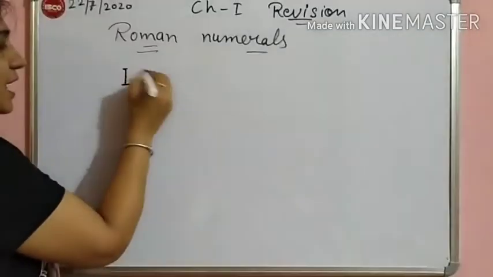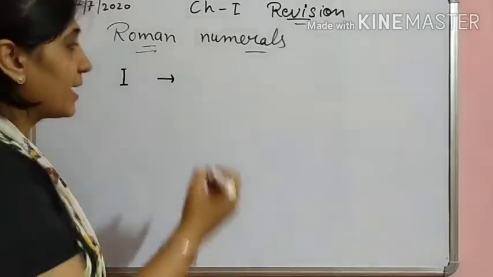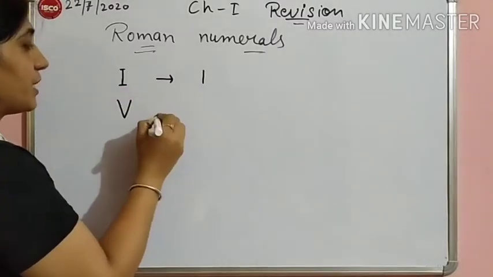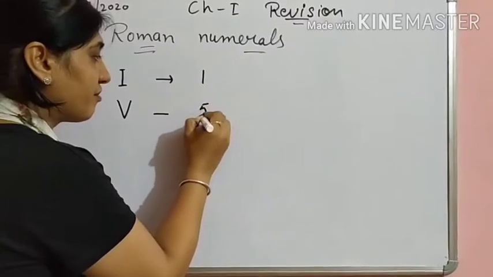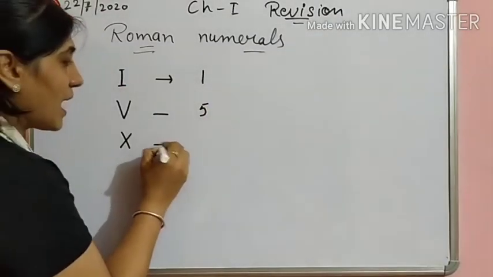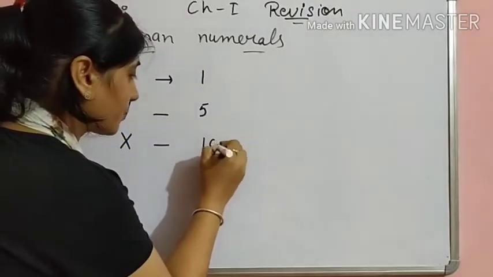See, the first symbol I. I stands for 1. Then V. The value of V is 5. Next, X. X stands for 10.